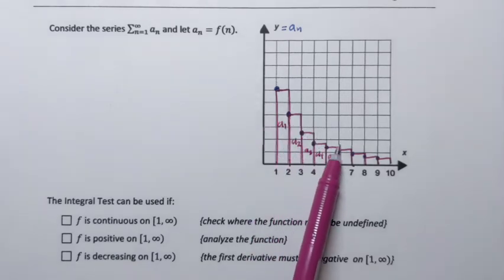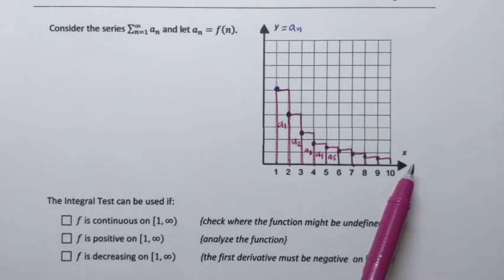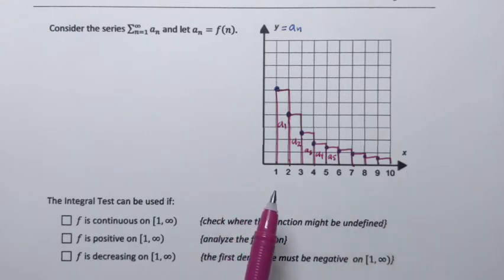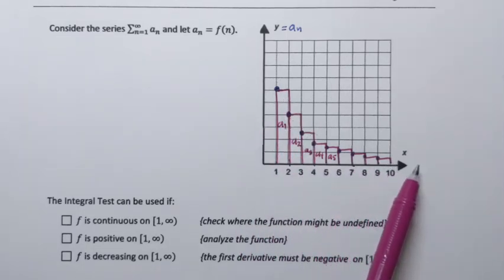And if I add all those infinitely many areas and I get infinity, well, that means that the series is divergent. But the question is, how do I know what those areas add up to? Infinity or a finite number?